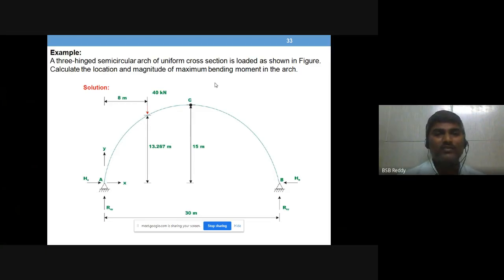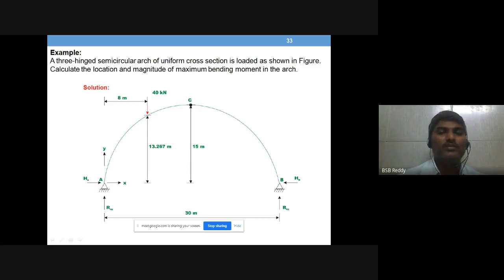Last session we have seen an example on a semicircular arch. Let us see one more example on circular arch geometry, even in this session also. So let us proceed for the example.